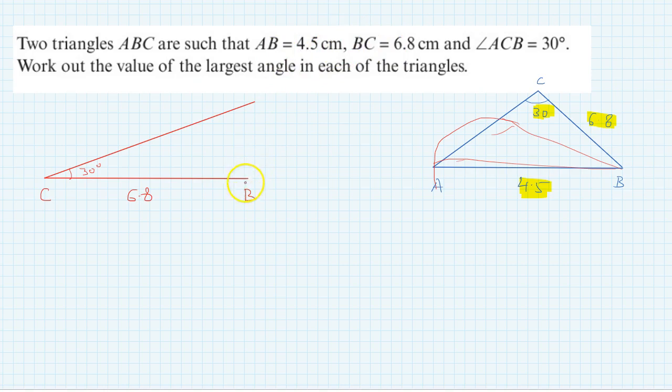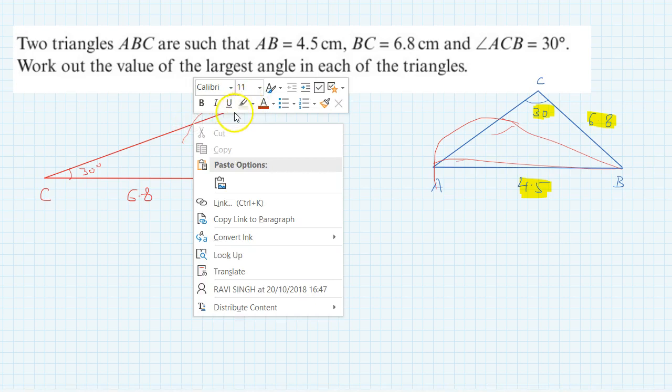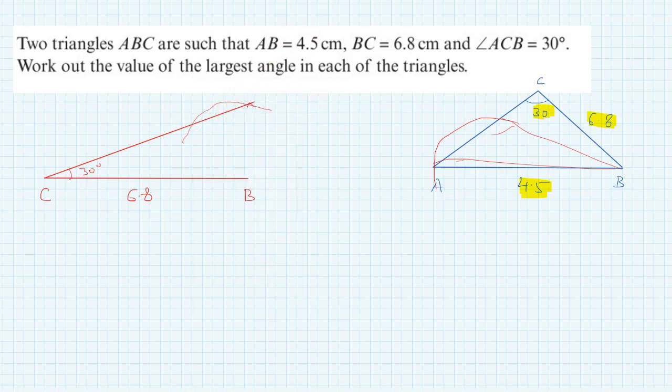Now from here, you take an arc of 4.5. So either point A is this or point A is this. So this is 4.5 and this is 4.5. So this can be A or this can be A.